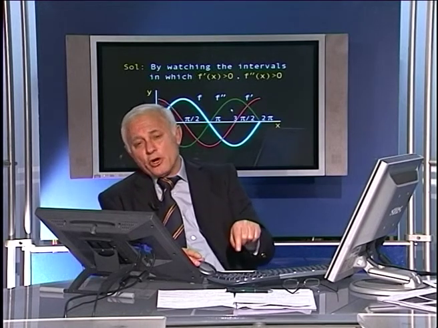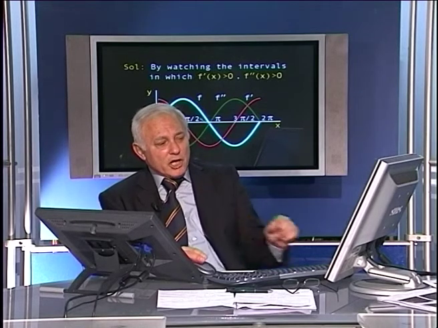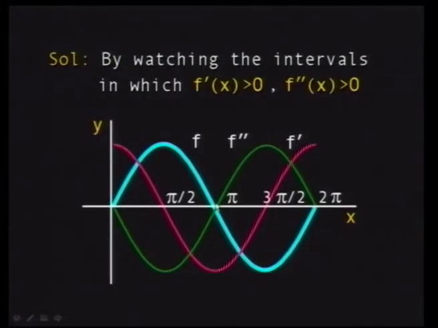Or it's the point, and we will see this later on, at which your second derivative does not exist. And at this point, your f dash is minimum or maximum, because here is your f dash. You see here f dash is minimum at the same point at which you have an inflection point.